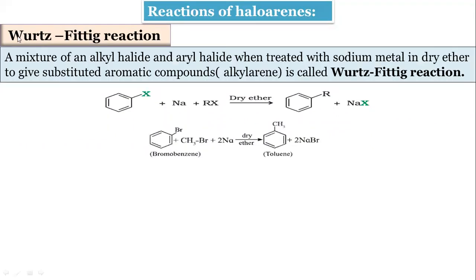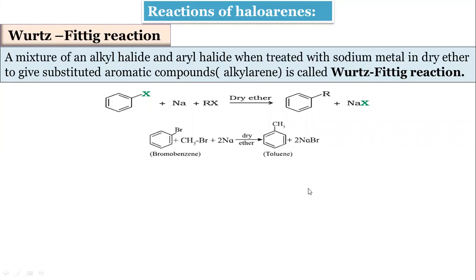In the Wurtz reaction, alkyl halides and sodium metal are used. In the Wurtz Fittig reaction, sodium metal is also used, but an alkyl halide and an aryl halide are used. When an alkyl halide and an aryl halide are used, this reaction is called the Wurtz Fittig reaction.